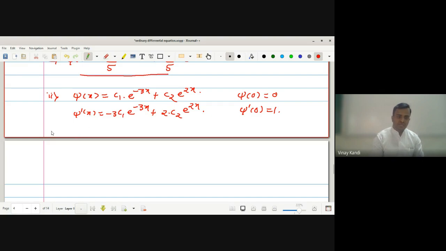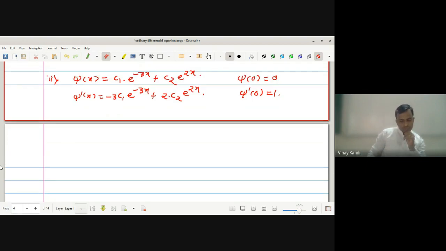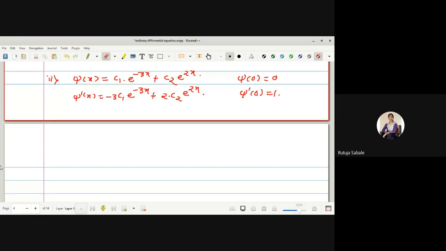Now tell me directly phi of x, psi of x. C1 is minus 1 by 5 and C2 is 1 by 5.